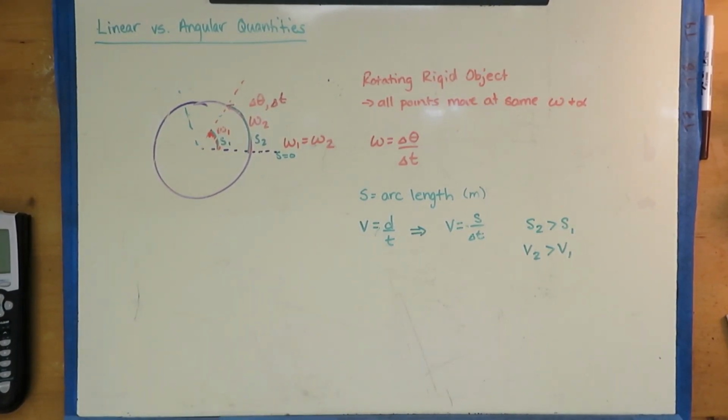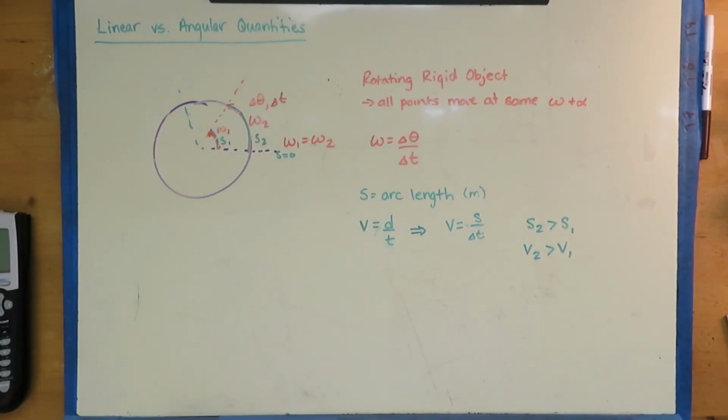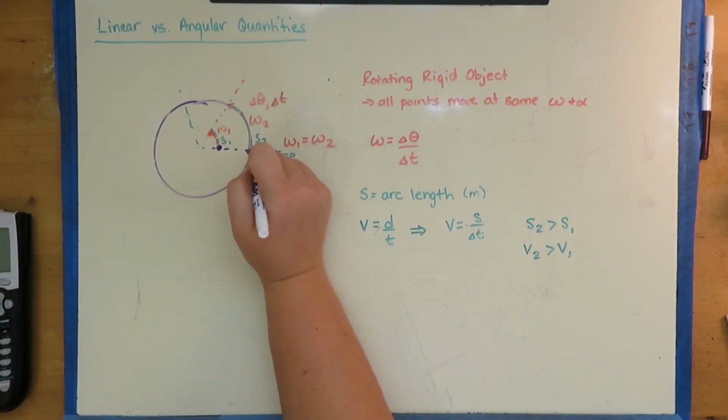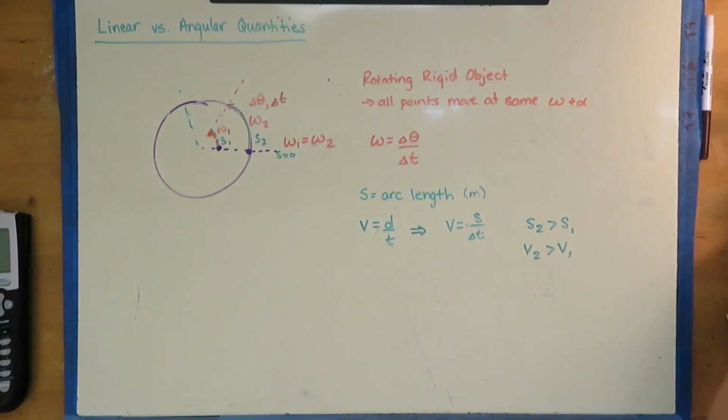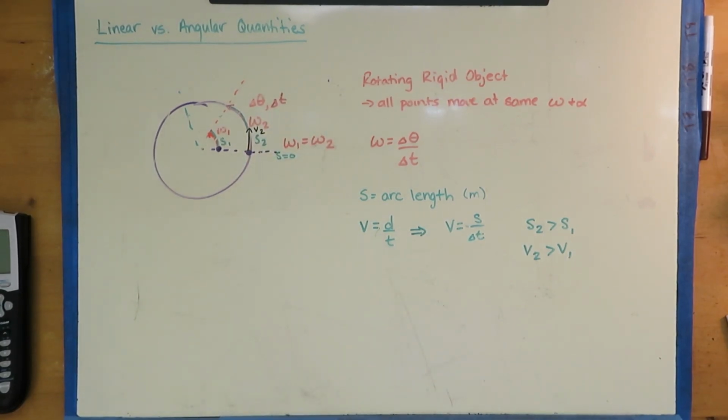That's coming. But since the string is what was keeping it moving in a circle, when I removed it, the object wanted to go back to moving in a straight line, because it was always trying to move in a straight line. It was just being prevented from doing so. So at any point along that circle, objects are always wanting to move in a straight line. This point here on the rim is wanting to move in a straight line with some velocity v2.